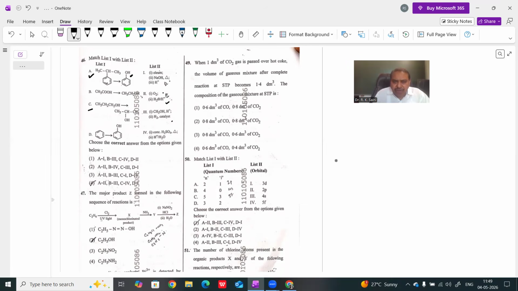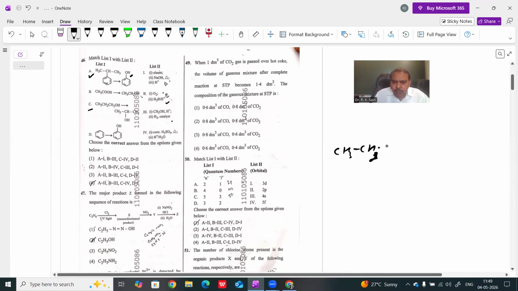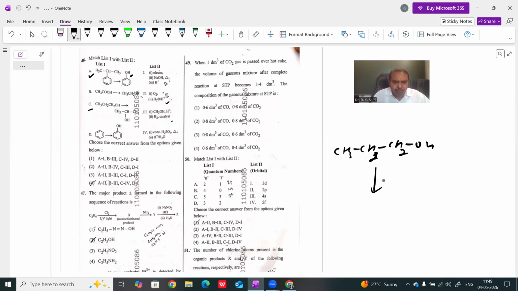Option C, conversion of n-propyl alcohol into isopropyl alcohol. Therefore, first of all, we use concentrated H2SO4 in which dehydration takes place. And then we use dilute H2SO4, then hydration takes place.